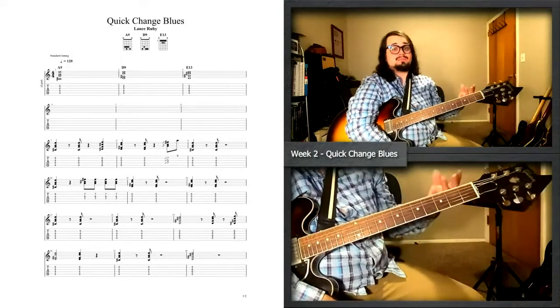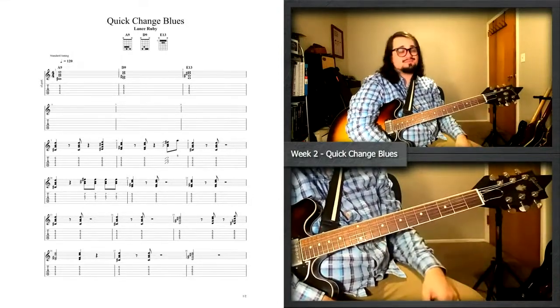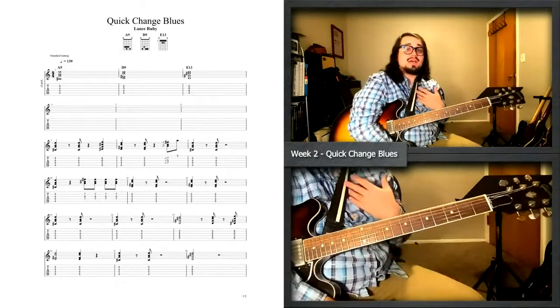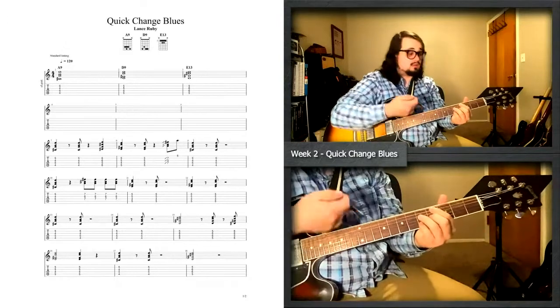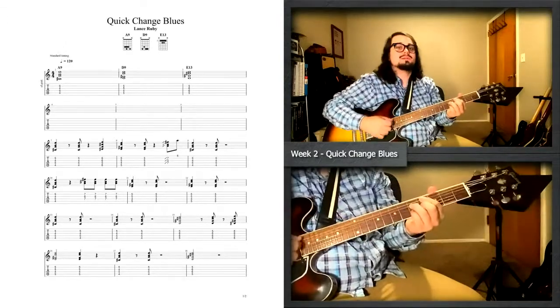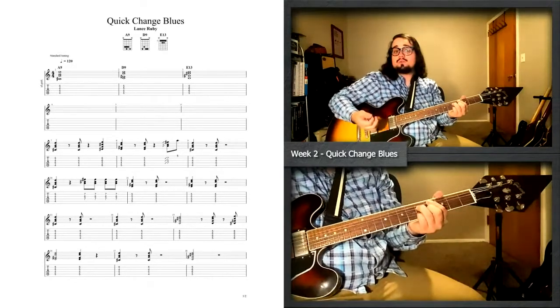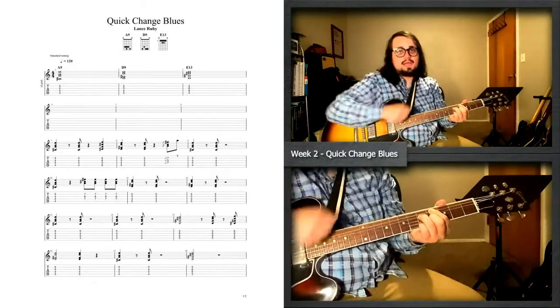If you think about it, the bass player's job is to play root notes. So we can use that as an opportunity, being one of the main chording instruments in a blues context, to play chords that don't have the root in them because the bass is already handling that.